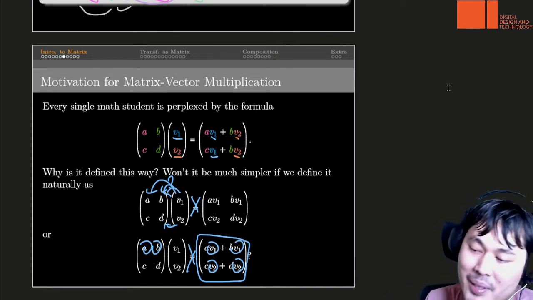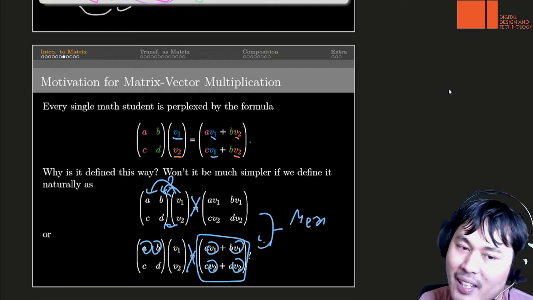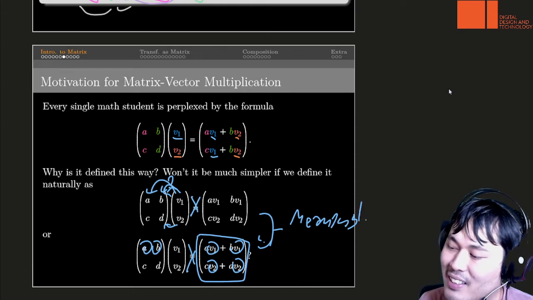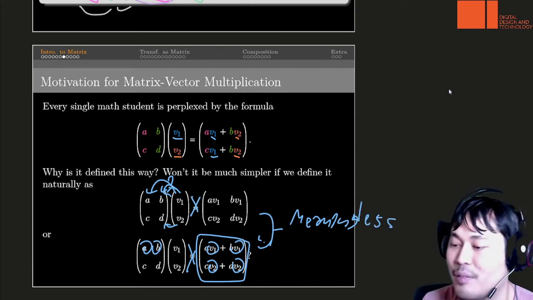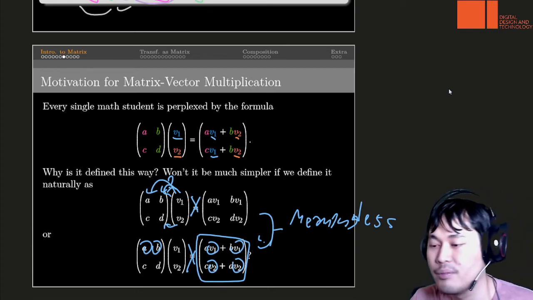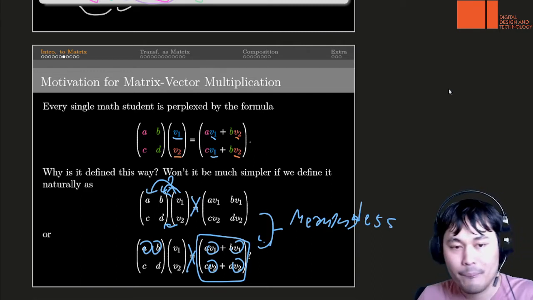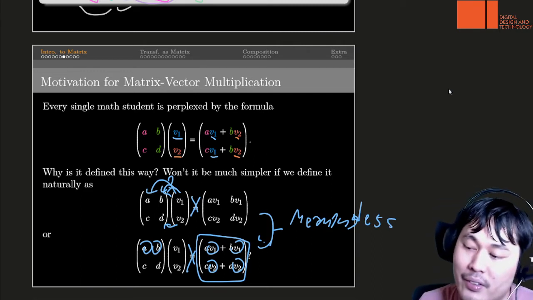But the answer is that these two are, let's say, meaningless. Yeah, it is easy, but it is meaningless, in terms of it doesn't give you any new information about the world. It could work, but it doesn't tell you what the result looks like.